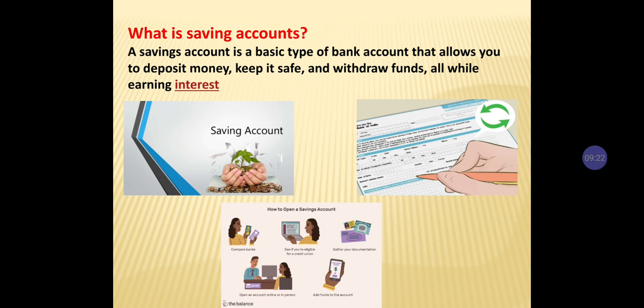Here for a savings account, some banks, that is government banks, your public banks, require 500 to 1000 rupees as the minimum balance to be maintained in your account to earn interest or to run the account.